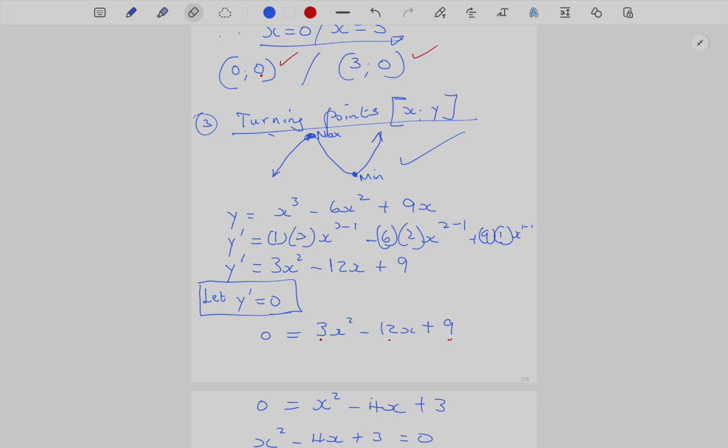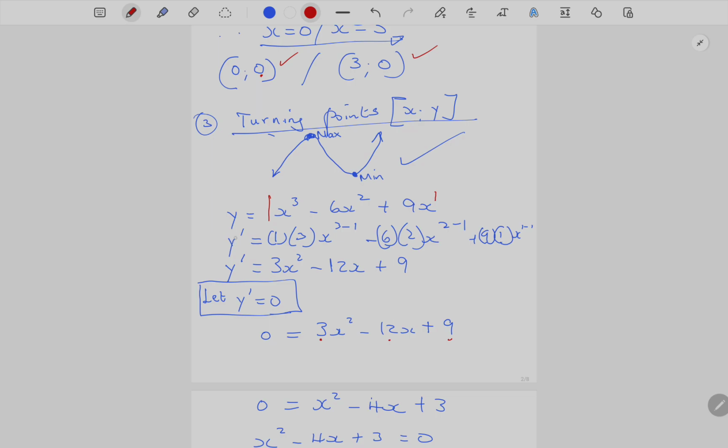But now, before we derive, we check first: is the function in a standard form of a differentiation? Because we are going to derive here. The answer is yes, it is in a form of a differentiation, but now there's an invisible 1 here that is not written, and also this 9x is the same as 9x to the power 1.